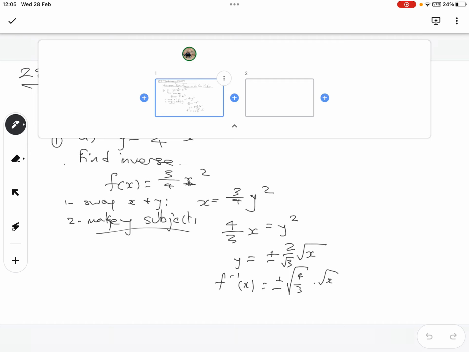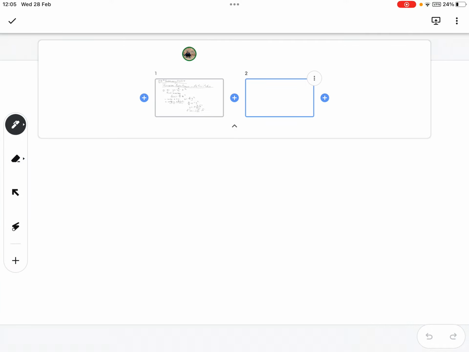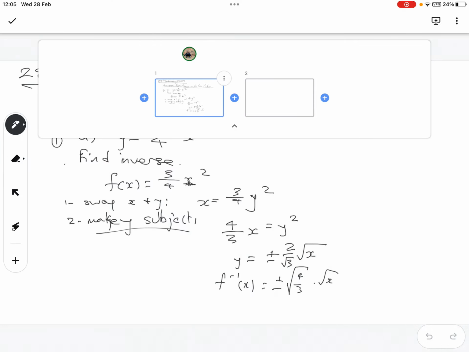What's the third step again? Oh, we must draw the graph. Was it really draw? Yeah, we can draw the graphs. I just wanted to recall the formula.